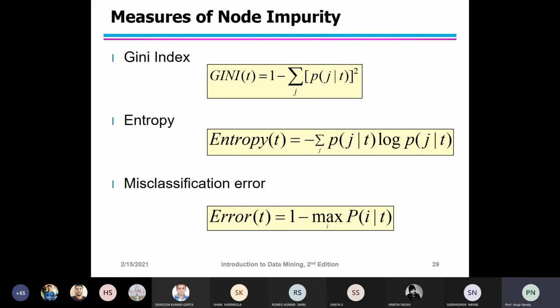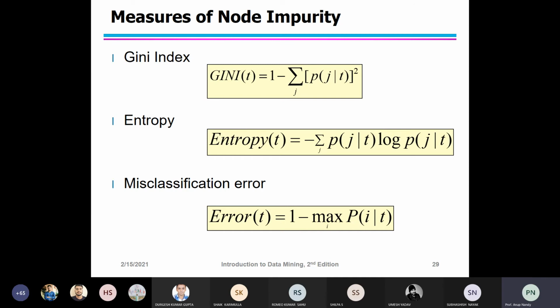I am repeating: the probability of i given t denotes the fraction of records belonging to class i at a given node t. Sometimes we omit the reference to node t and express the fraction as p of i. Here t means the node, so if it is p of i, it is implicit that you are considering this node t.